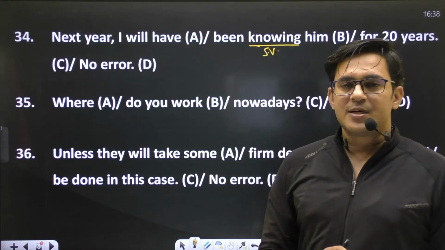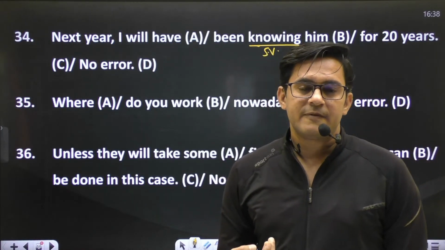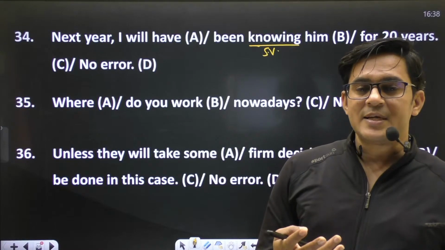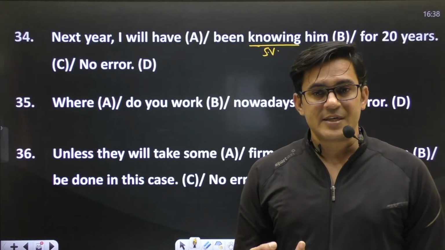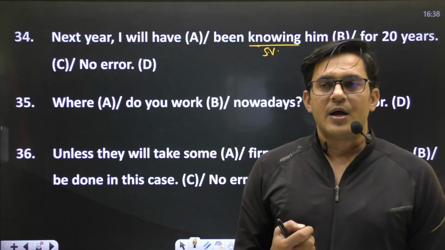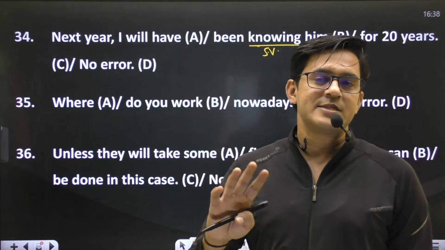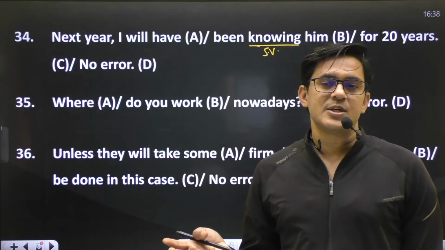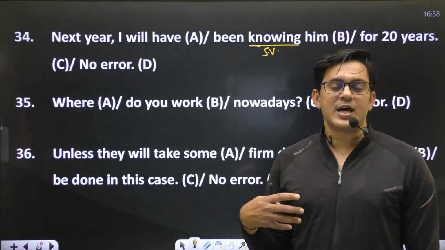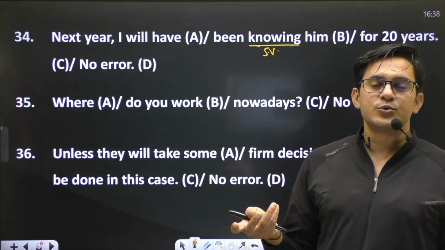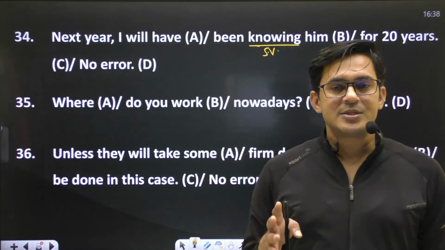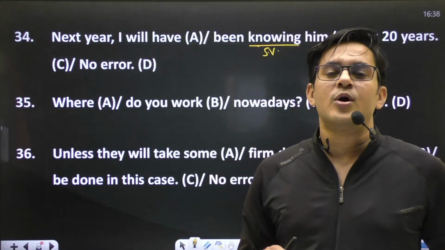It always describes a state, a physical state you can say, and all stative verbs are non-progressive, non-action verbs, which are never used in continuous tense.